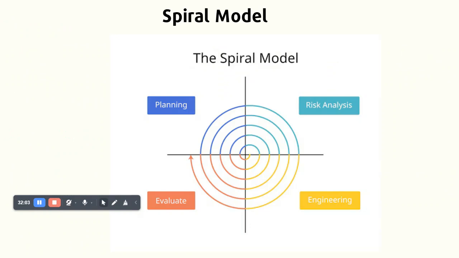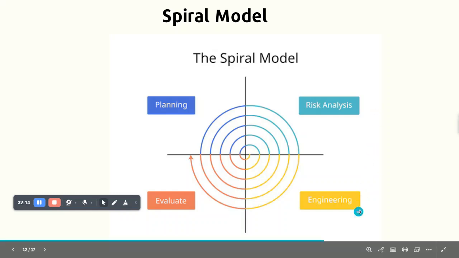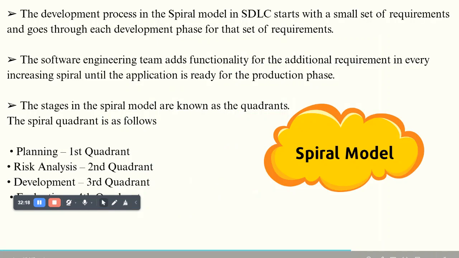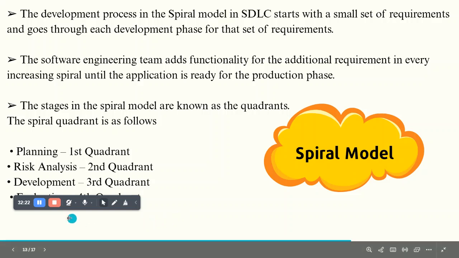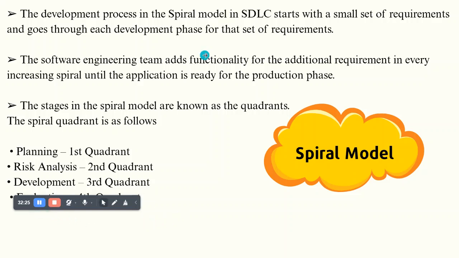If you have done trigonometry, then you know about quadrants: first quadrant, second quadrant, third quadrant, fourth quadrant. The first quadrant is about planning, the second is risk analysis, then engineering, then evaluation.